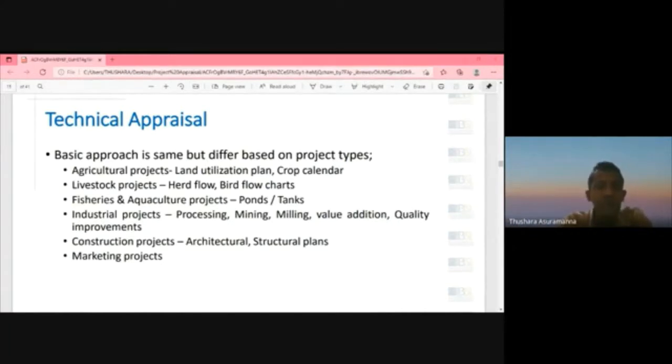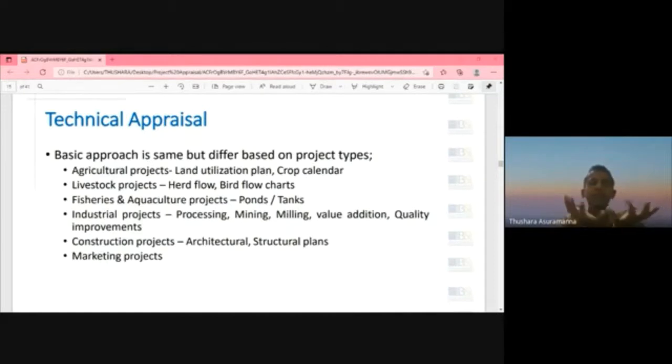Industrial, processing, mining, milling, value addition, quality improvements are different. Construction is totally different, about the structural, BOQ, architectural designs, right? Cost per square feet, those things. Marketing projects are about market research, right? The costing, then the rebates and all that we discussed earlier.